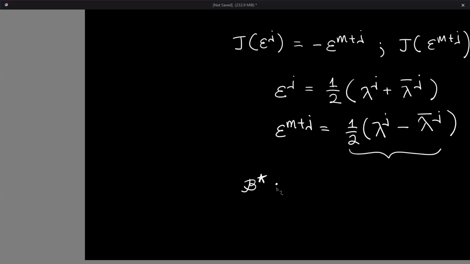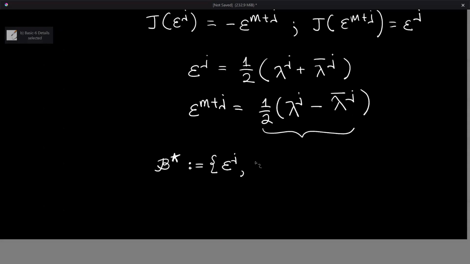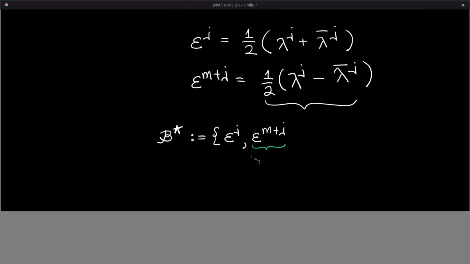B star is epsilon j minus J epsilon j. So let's not be cryptic here. This is just epsilon m plus j, which I've written in the notes as minus J epsilon j.